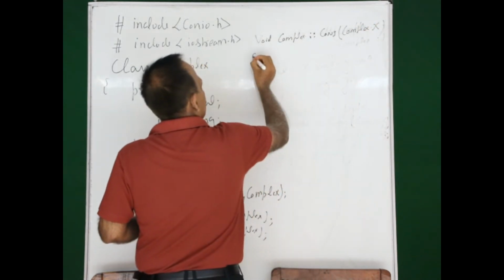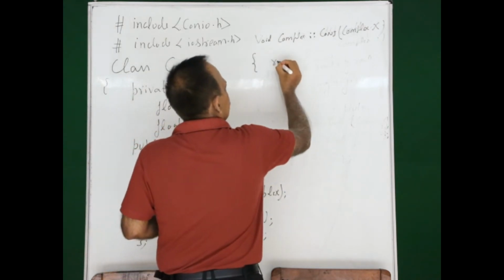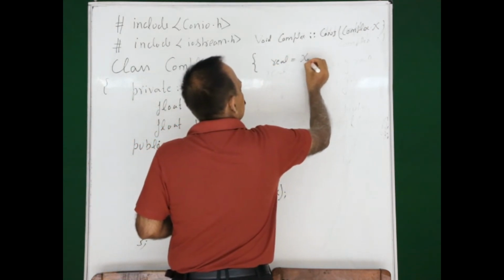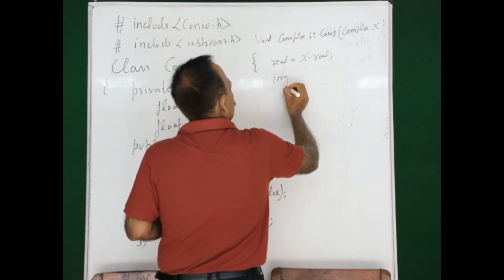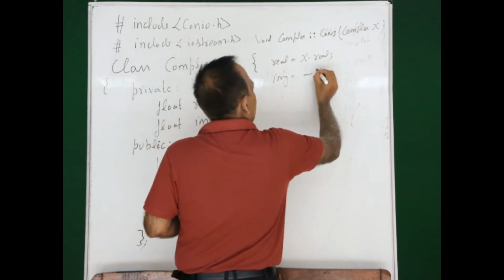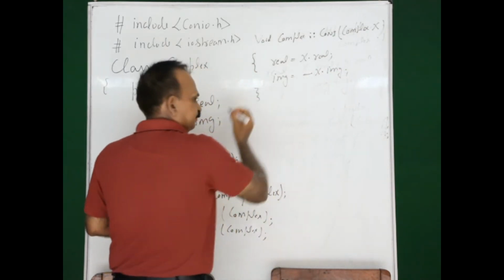That means the calling object will be the conjugate of x: real is equal to x dot real and imaginary is equal to minus x dot imaginary, and end of this function.